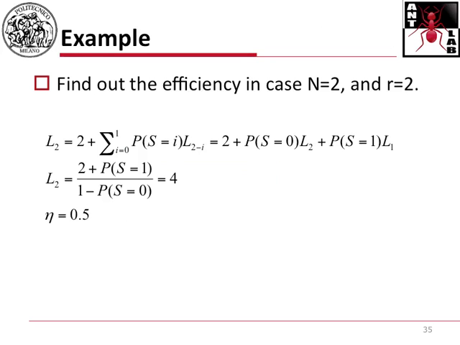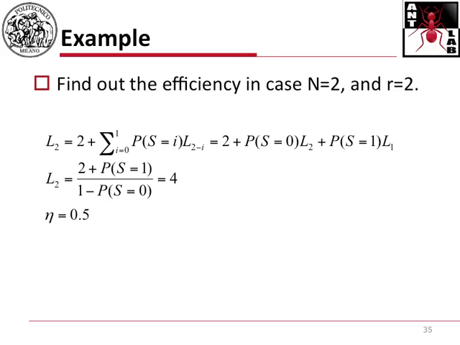Let's see an example, maybe. So let's see this example here, which is very simple, just to see how things are actually running. Where I have two nodes, two tags. So n is equal to 2. n is the initial population. Okay? And R is equal to 2, which means that the initial frame size is equal to 2.